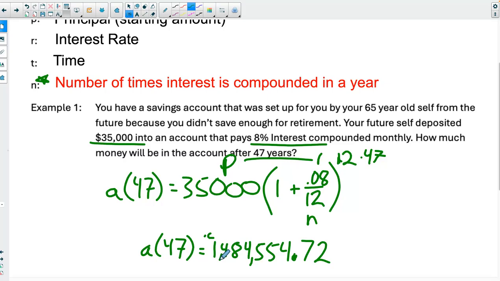And then parentheses, and then 12 times 47. And then times 35,000. Anyone else? Seven, enter. And all right, anybody else?